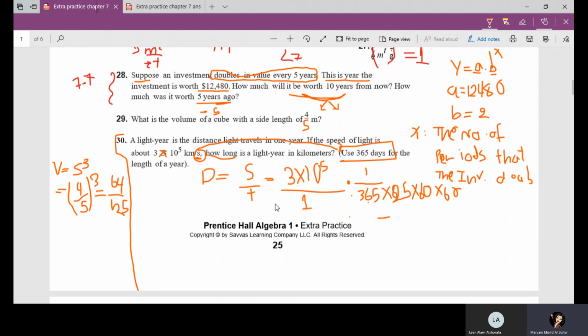Then let's do the calculation. 3 times 10 to the power 5 over 365 times 25 times, not 25, 24, sorry, 24, 60 times 60, which will be equal to 9.5 times 10 to the power -3.